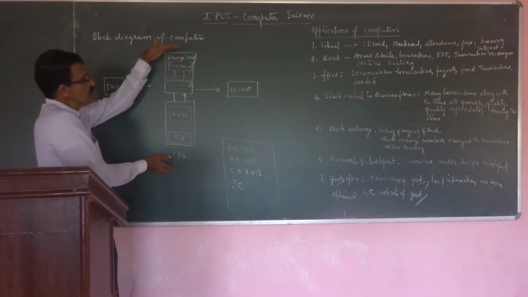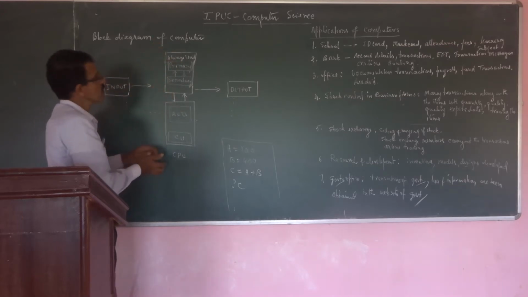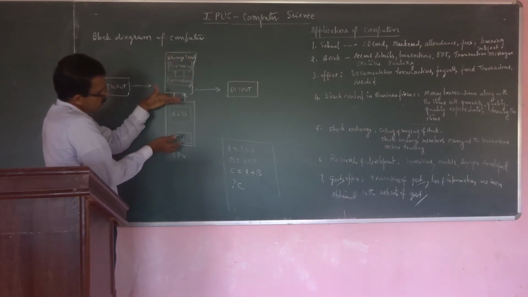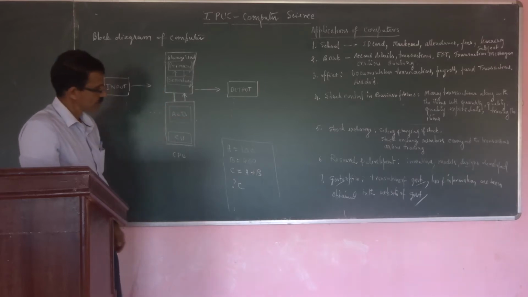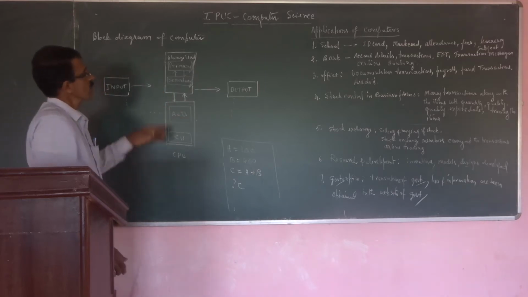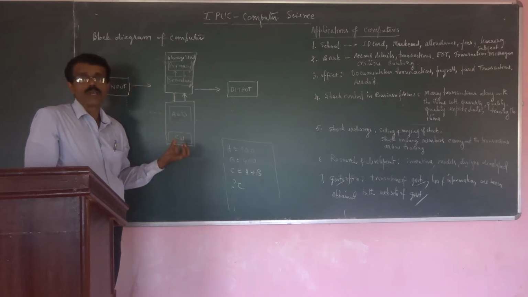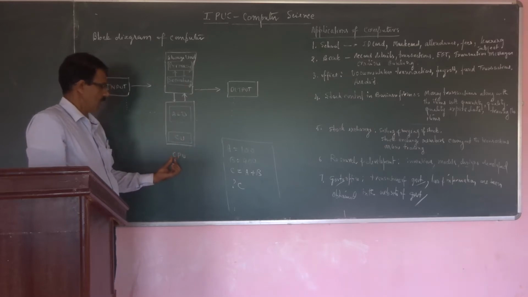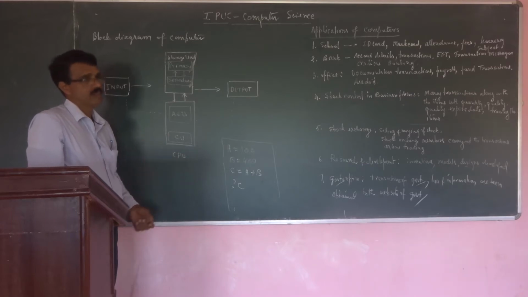In the CPU, there are two blocks. One is the storage unit block, and another is the arithmetic logic unit and control unit part. The main process procedure takes place in this part, what you can call the CPU, central processing unit.